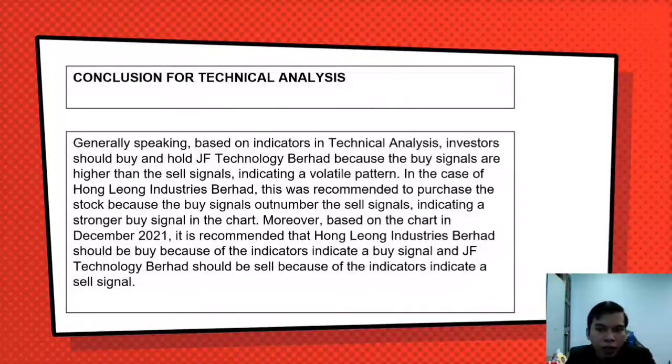Moreover, based on the chart in December 2021, it is recommended that Hong Leong Industry Berhad should be bought because the indicator indicates a buy signal, and JF Technology Berhad should be sold because the indicator indicates a sell signal.